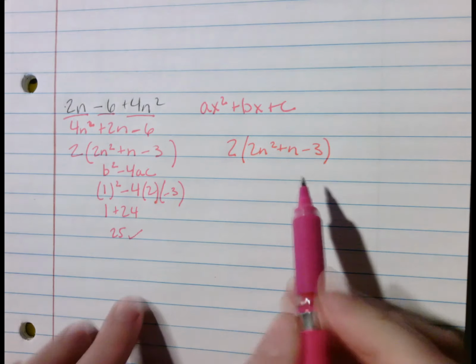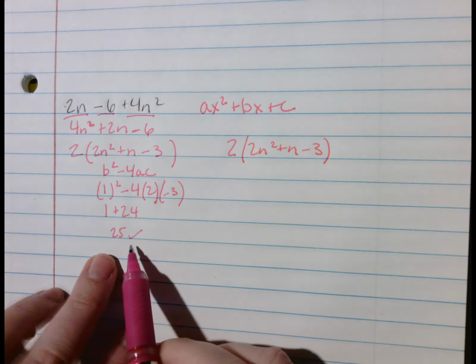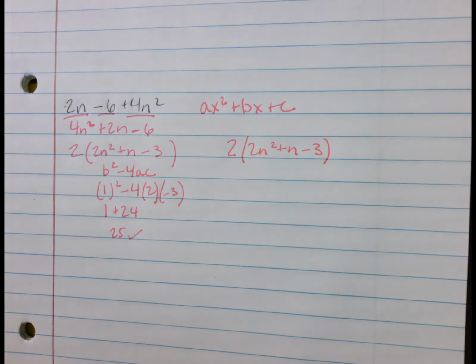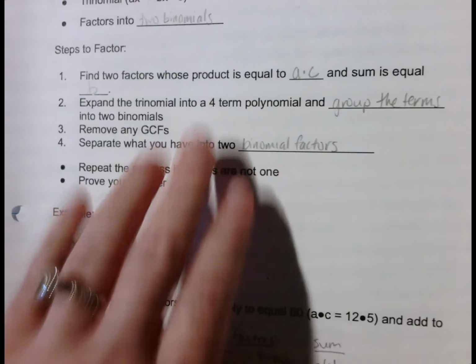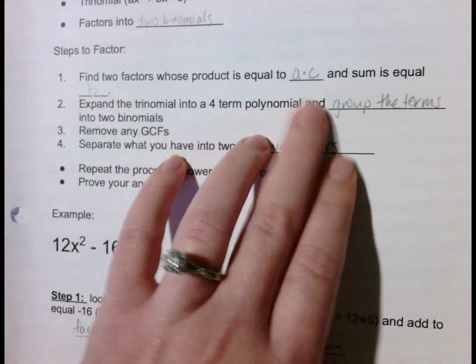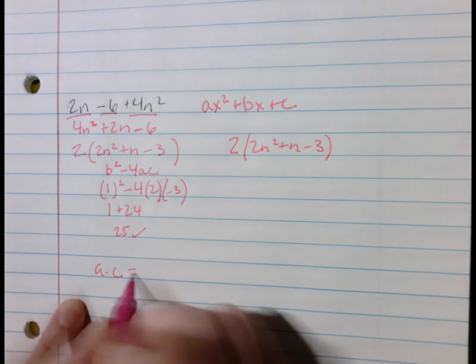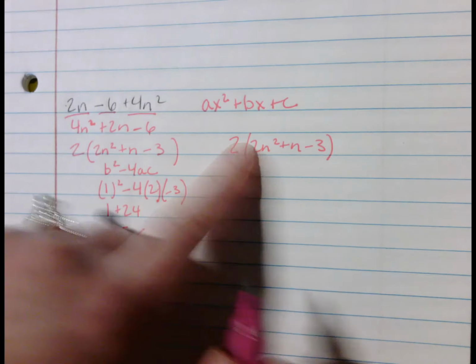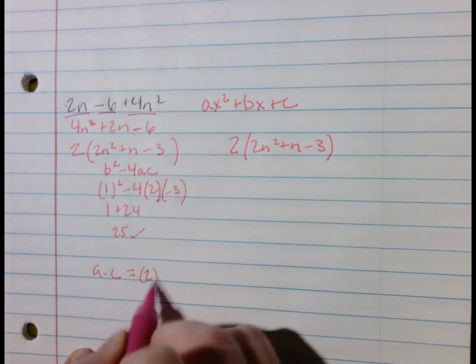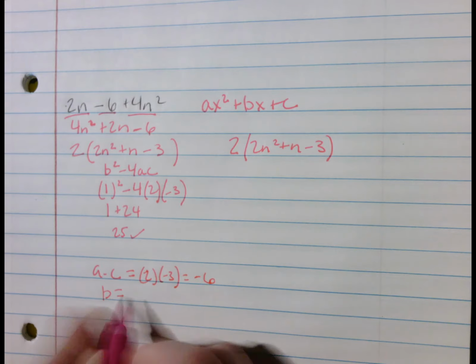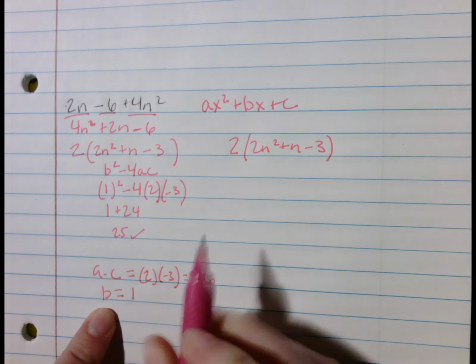All right, so here we know that it's factorable, so what we're going to be looking for are 2 factors whose product is equal to a times c, and whose sum is equal to b, remember? So a times c, let's see, 2 times negative 3 is negative 6, and b is 1.